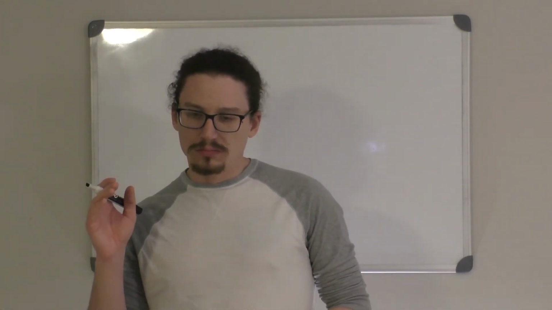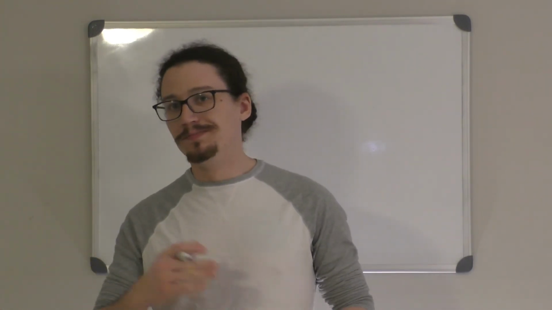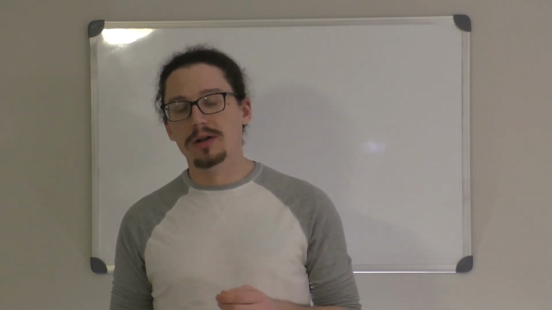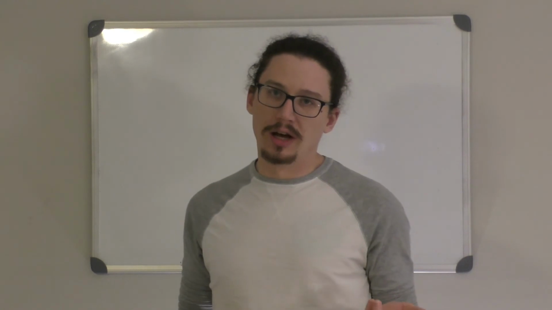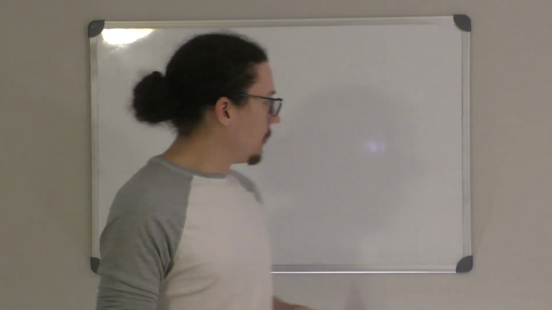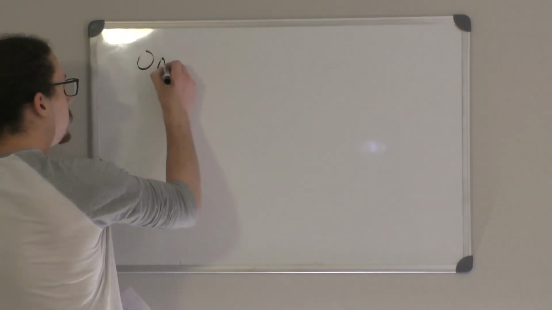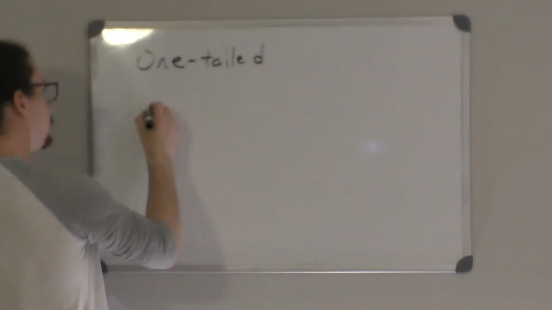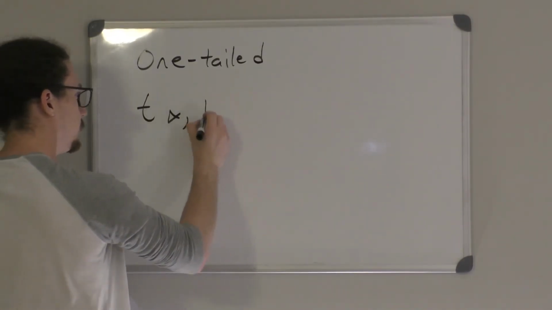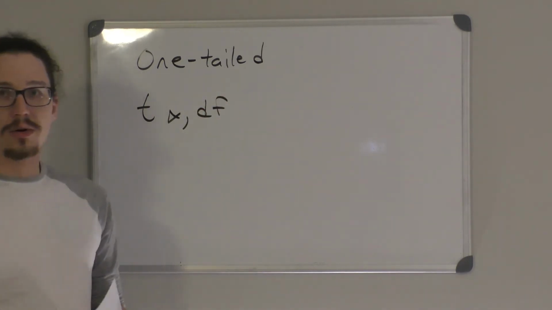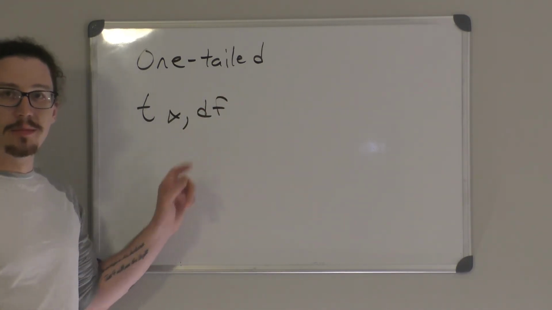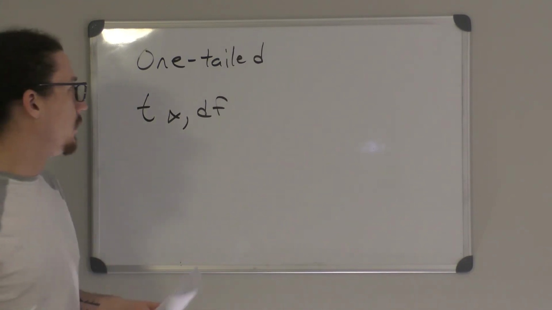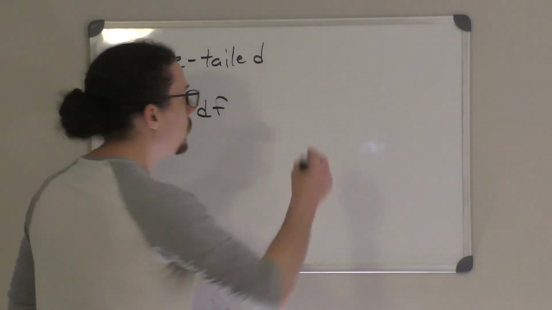Our critical values are going to be done pretty much the same way we saw them on the board. Just a reminder that when we have a one-tailed test, our alpha is not divided by 2, so if we're doing a right-tailed or a left-tailed test, we're not dividing alpha by 2 for our critical value.